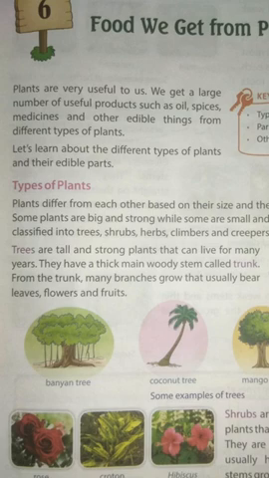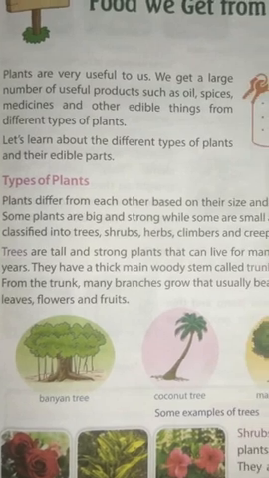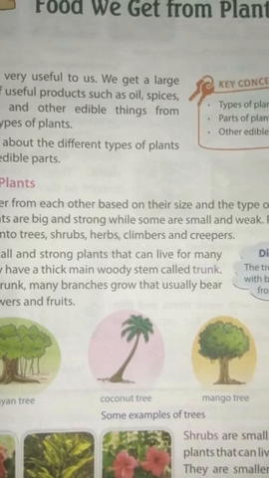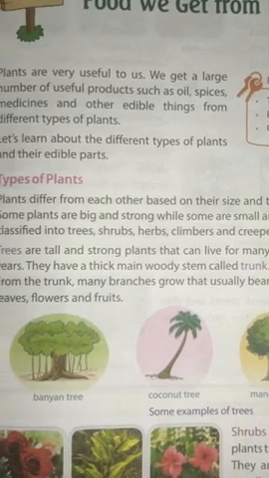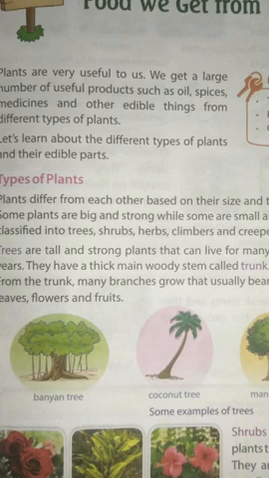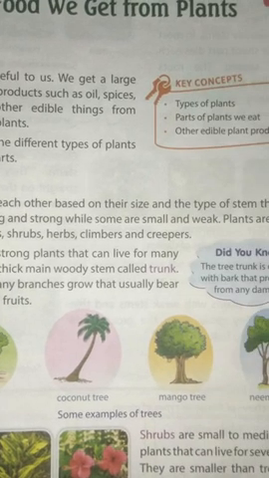So next point, types of plants. Plants differ from each other based on their size and the type of stem they have. Some plants are big and strong, while some are small and weak.